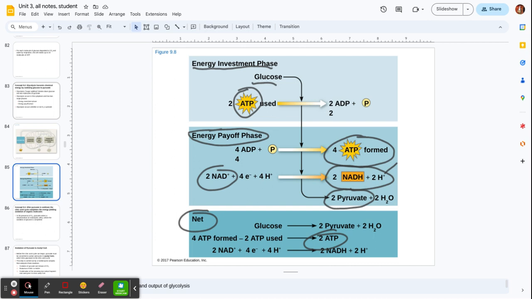But it's not important that you know the values. It's important that you know what came in, which was glucose, what comes out, which is pyruvate, where it took place, cytoplasm, and what you made. Again, not focusing on the numbers. You made ATP, you made NADH, and you made pyruvate. Questions on that?